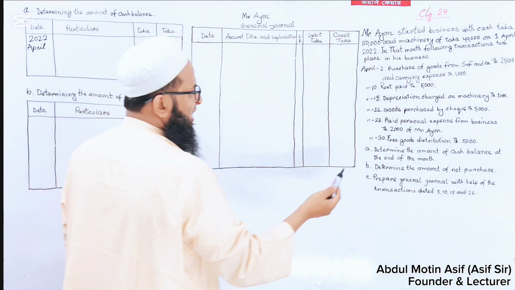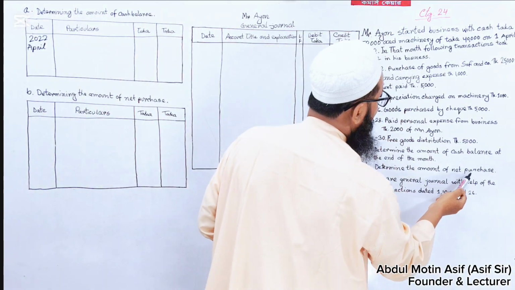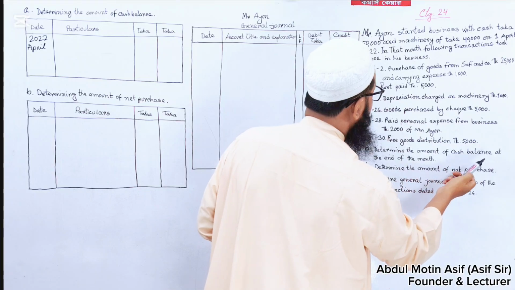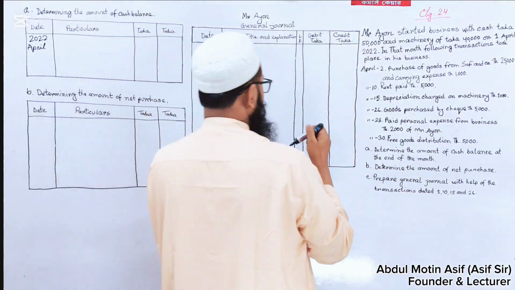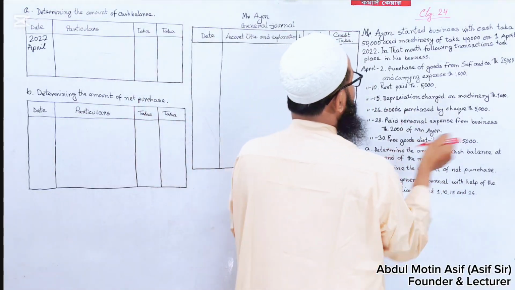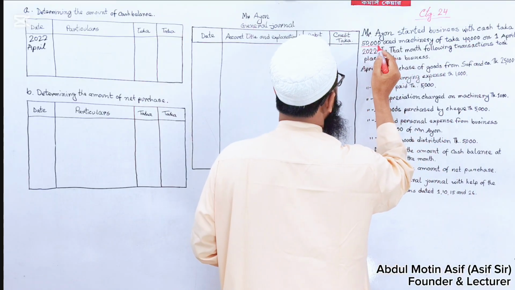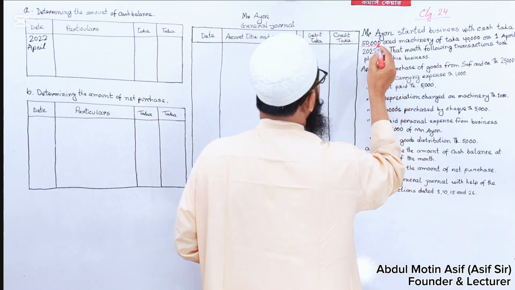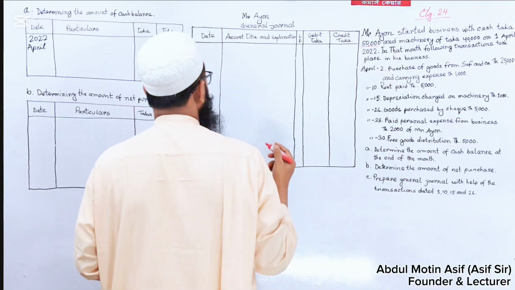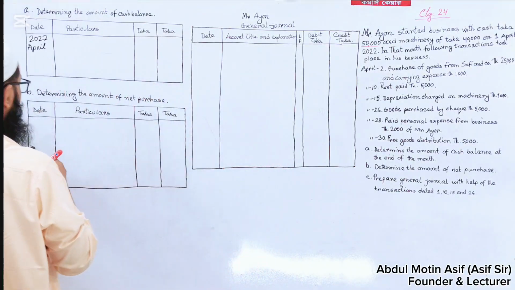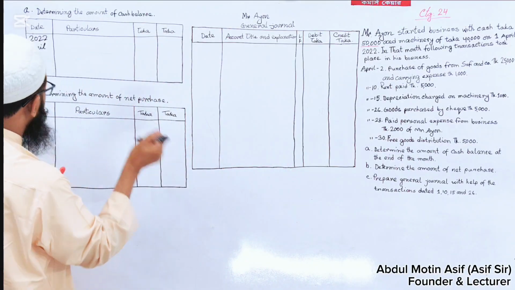Mr. Oyon started business with cash taka 50,000. We get cash taka 50,000. At first, we write business started with cash.